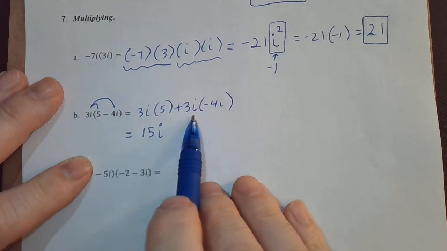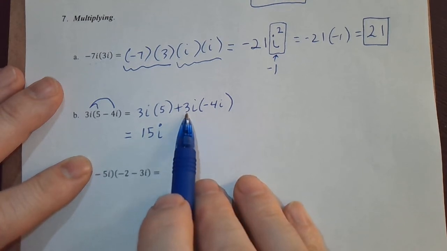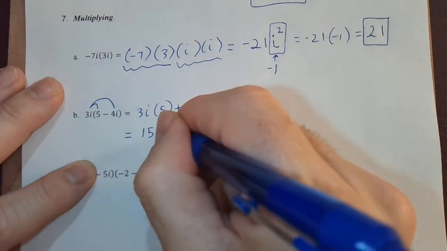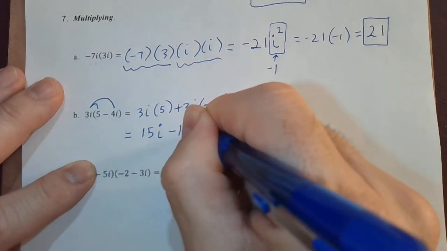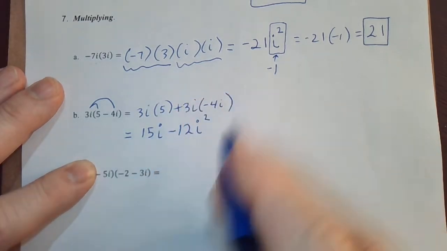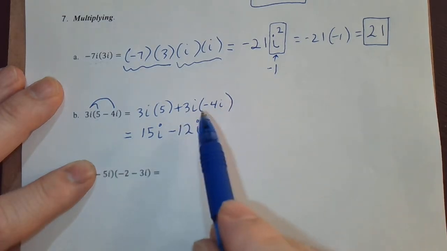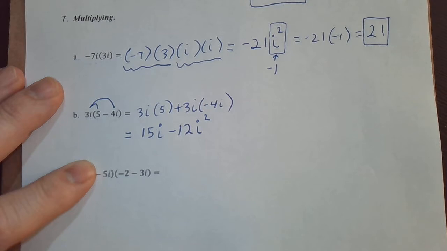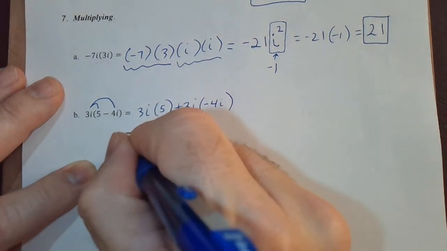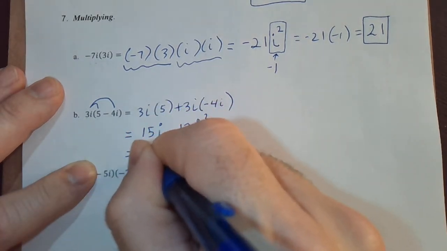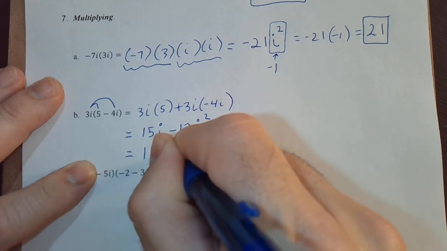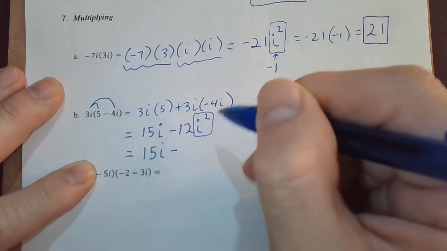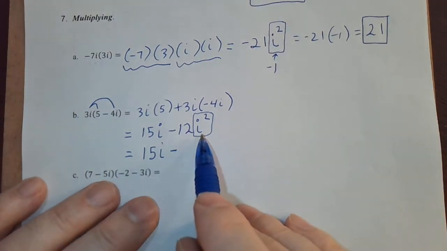And similar to the previous problem we did, 3 times negative 4 is negative 12i squared, because we have i times i, which is i squared. And this is equal to 15i. Remember, i squared you can replace with its equivalent form, which is negative 1.